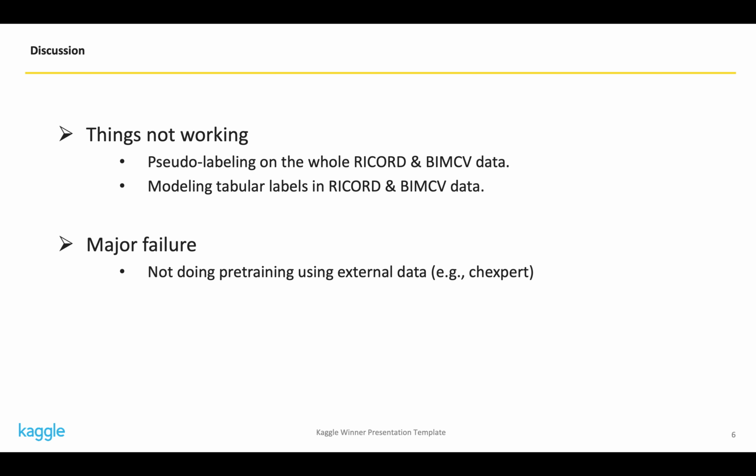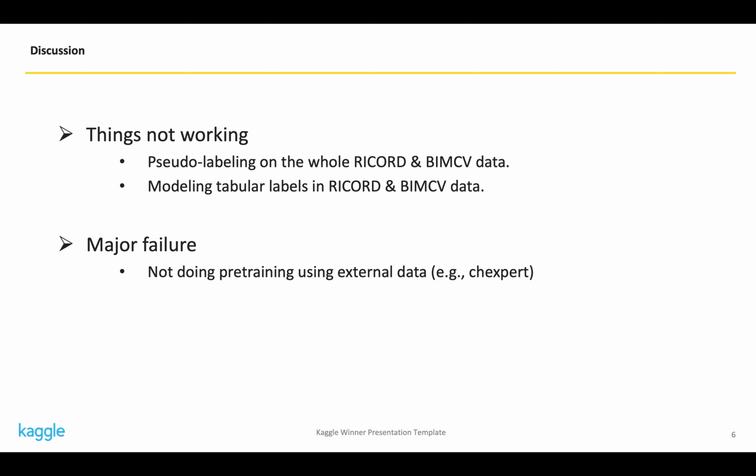Also, there are some tabular labels or annotations in RICORD and BIMCV data, and we can build some models using those data. I also tried to blend the models with my image model predictions, and it worked pretty well for the public leaderboard, but it failed on the private leaderboard.